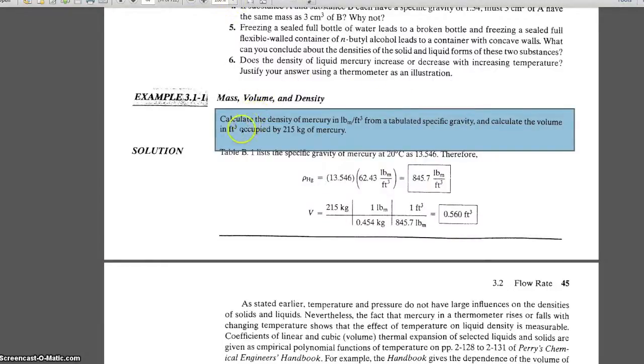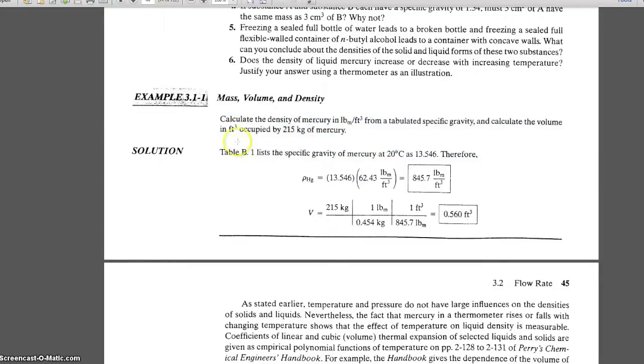I guess you can see it. Calculate the density of mercury in pound per cubic foot from a tabulated specific gravity, and calculate the volume in cubic foot occupied by 215 kilogram of mercury.